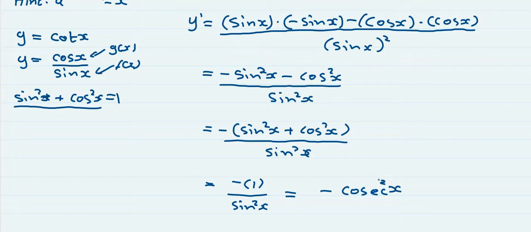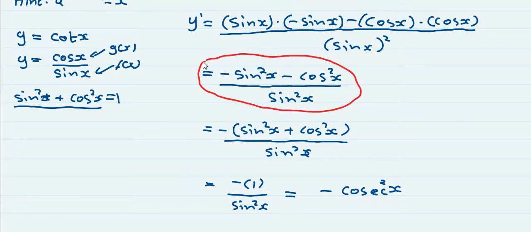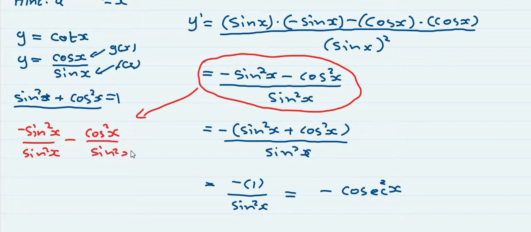But you know that questions can be solved in many different ways. So if you want to use a different method, a different identity, you can split it: minus sin squared x all over sin squared x minus cos squared x all over sin squared x.